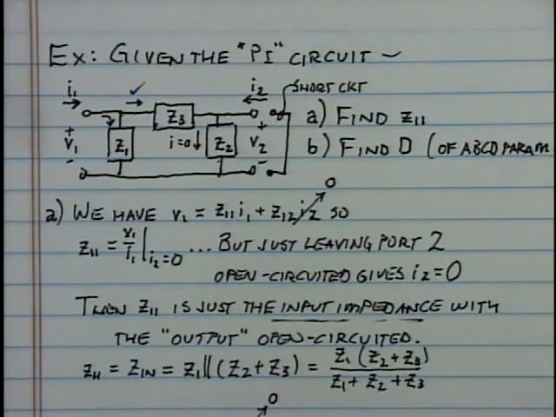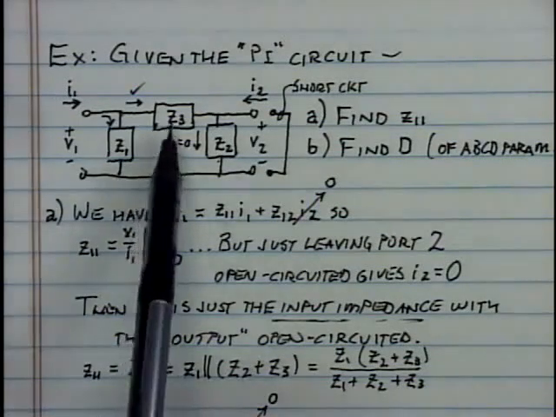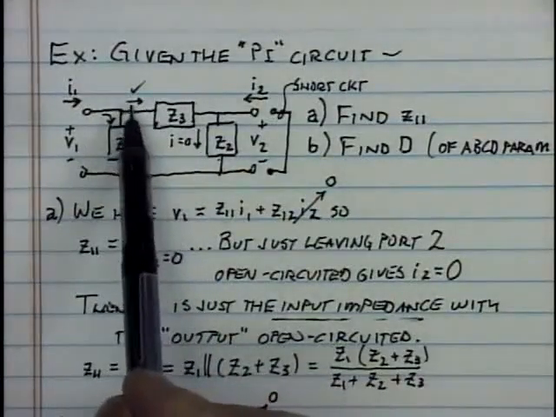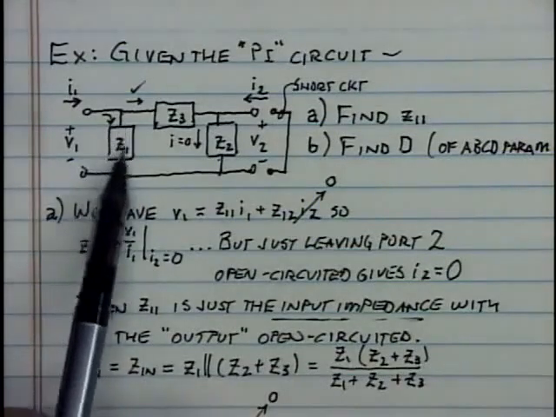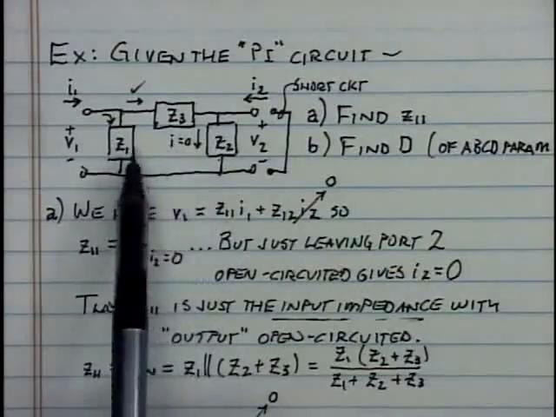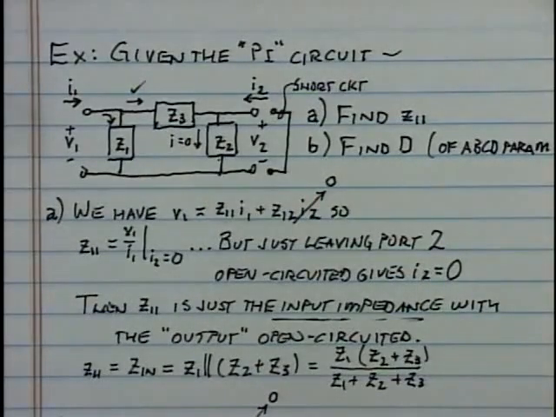So the current division factor to use to figure out this current that flows through Z3 is Z1 divided by Z1 plus Z3. Remember, Z2 has no effect.